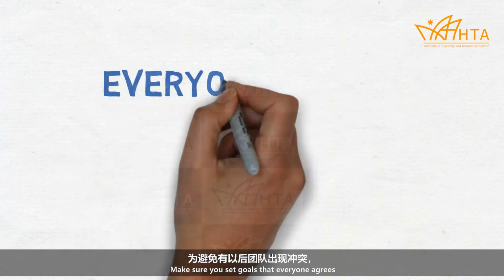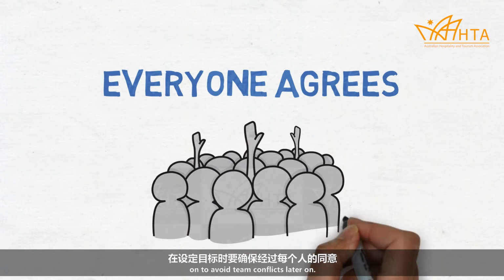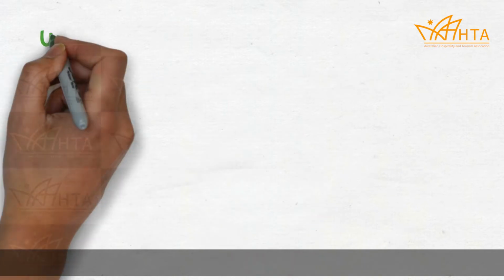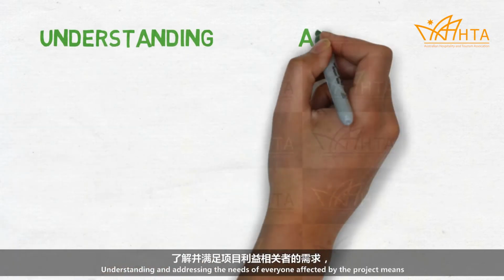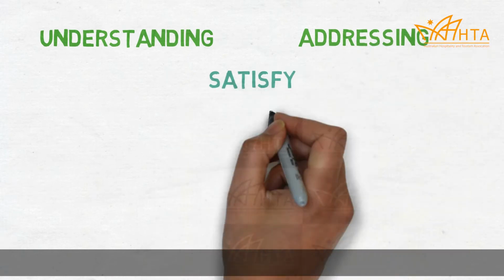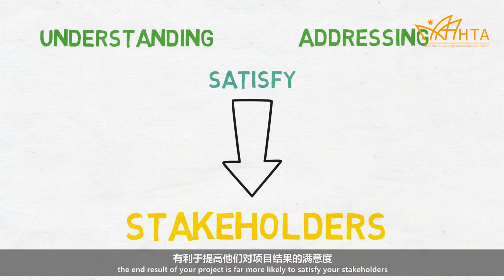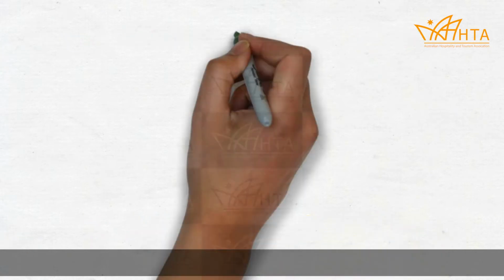Make sure you set goals that everyone agrees to avoid team conflict later on. Understanding and addressing the needs of everyone affected by the project means the end result of your project is far more likely to satisfy your stakeholders.